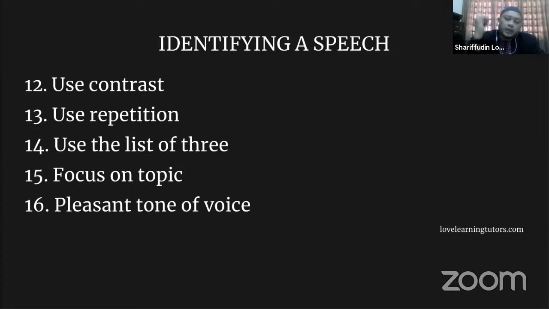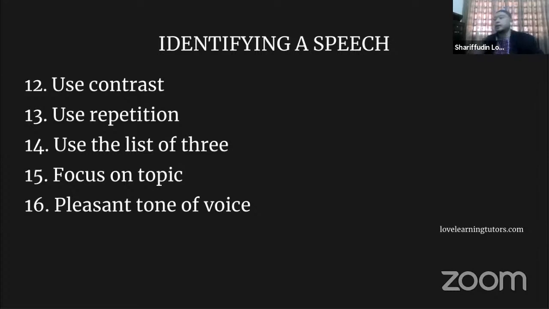So for a pleasant tone of voice, if you practice your speech, you can hear and try to tweak apa benda yang akan jadikan your voice sound better.